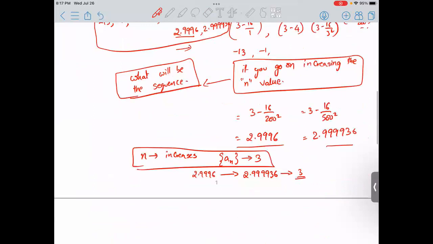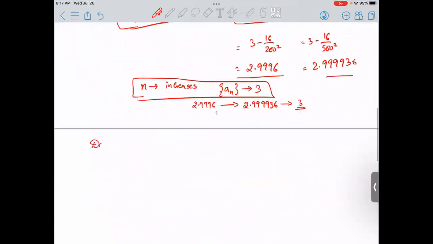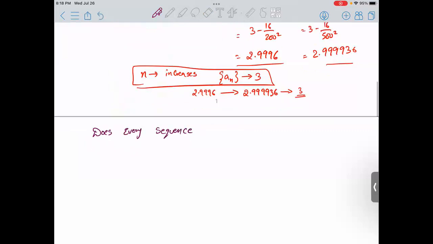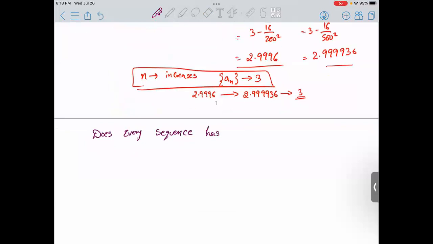My question is, does every sequence have a limit or stagnate at a value?